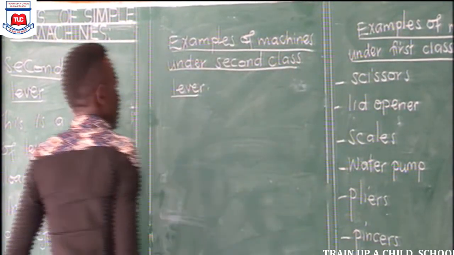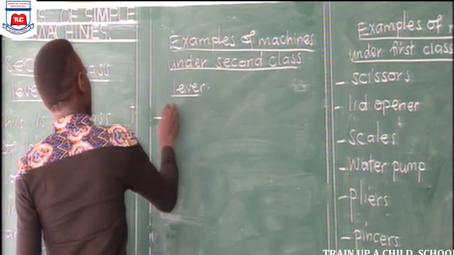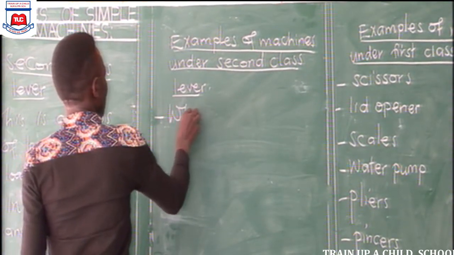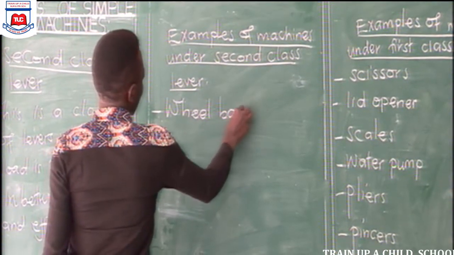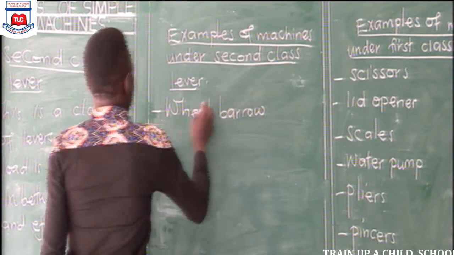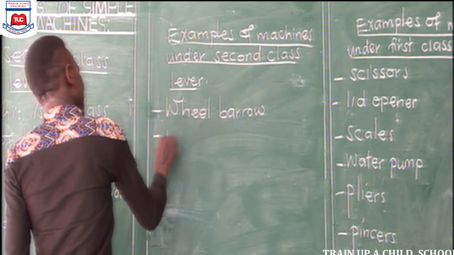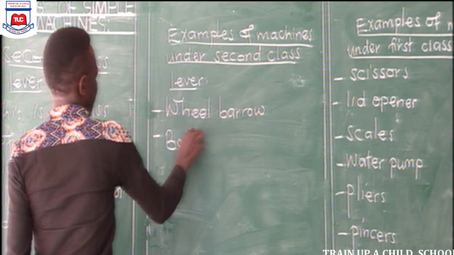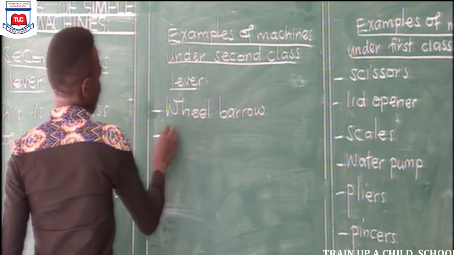In this one, we shall have the following simple machines. One, we shall have the wheelbarrow. We shall also have the bottle opener.